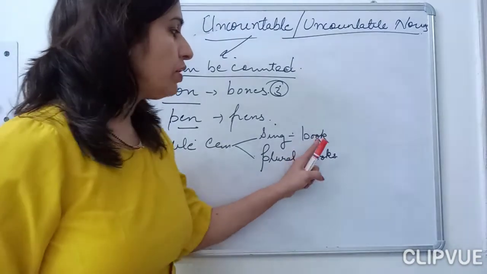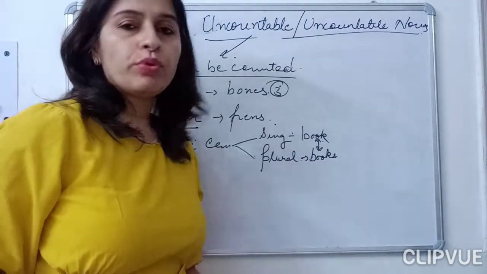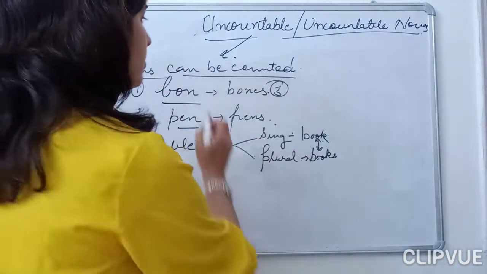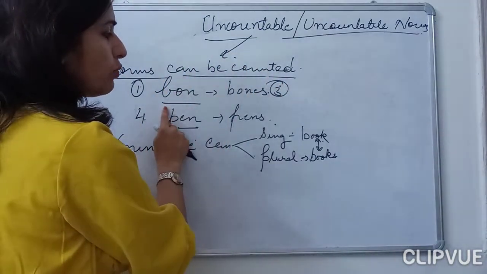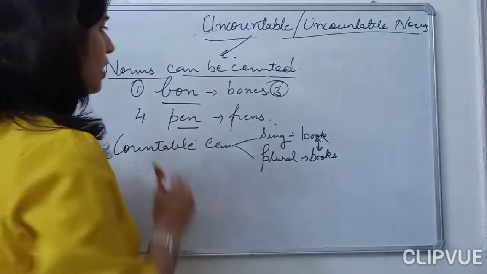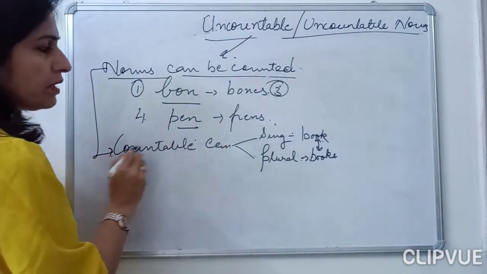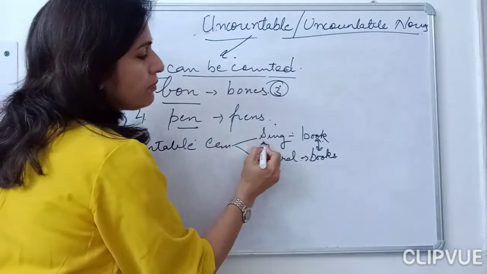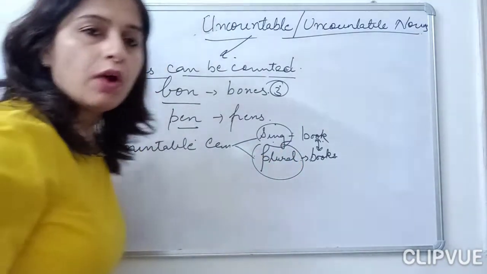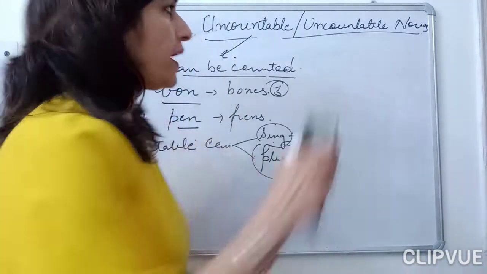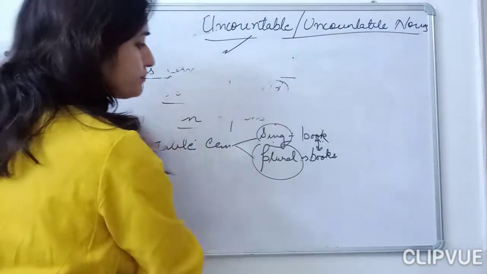It can be singular and it can be plural, children. So here we have done what the countable nouns are. The nouns that can be counted are called the countable nouns. Second, we have done that countable nouns can be both singular and plural, children. Now let's move on to the next, that is the uncountable noun, children.